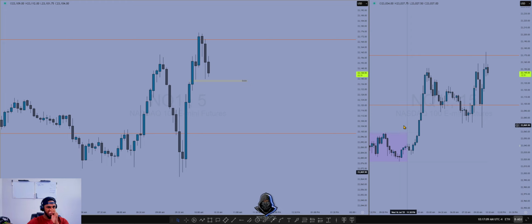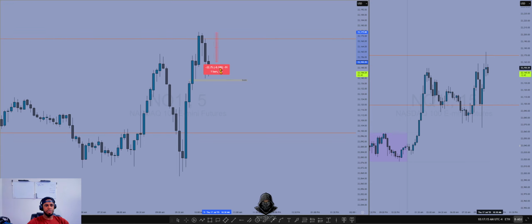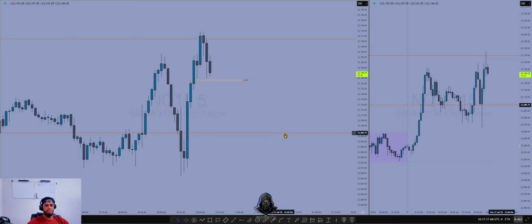We took out that high inside that consolidation. Now we're trying to see how price is going to react to that consolidation. One second.